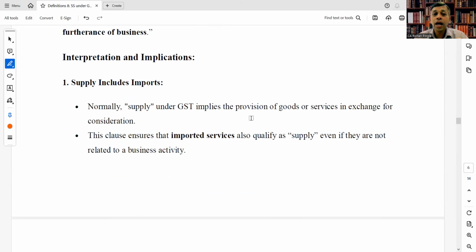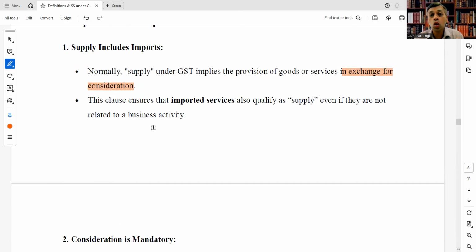Normally, supply under GST implies the provision of goods or services in exchange for consideration. But this clause ensures that imported services also qualify as supply even if they are not related to business activity. Very important.